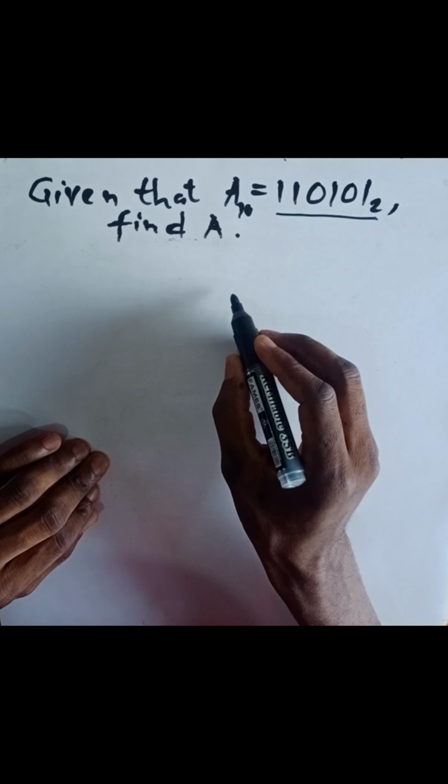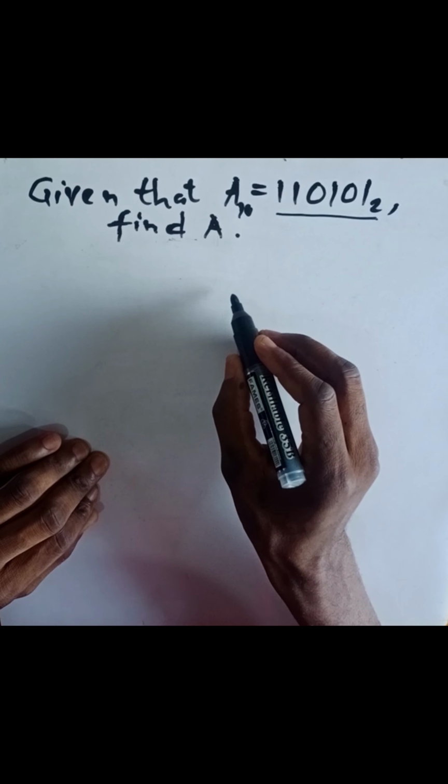Similarly, in other bases, right? In base 10, your tens is always 10 times more than your units, while your hundreds is 10 times more than your tens.